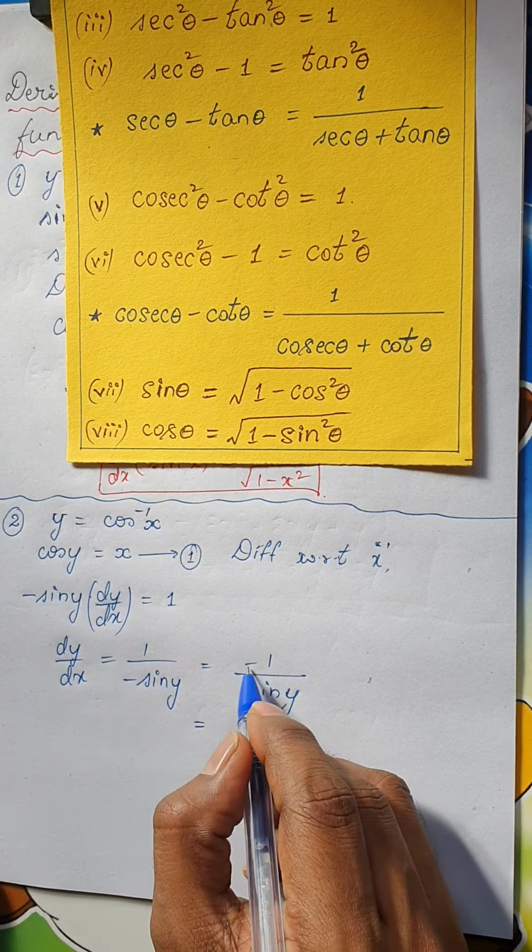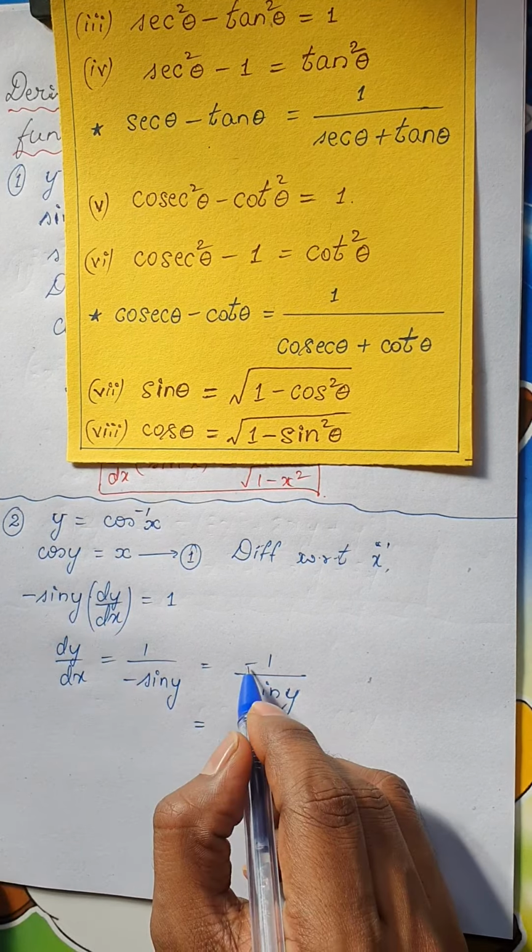Therefore, remember this as a formula, the derivative of cos inverse x, that is d by dx of cos inverse x will be minus 1 divided by root of 1 minus x square. I know you remember this formula because we have been using this from the first class, but this is how they are derived. Okay, shall we move to the next one?